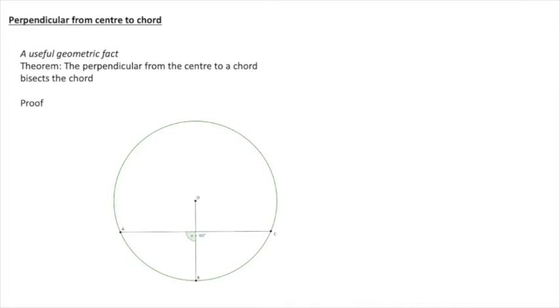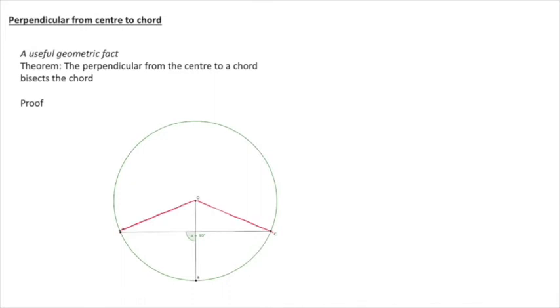So they both imply each other, and the proof of this, well, first of all we draw the diagram, and what we know is we have a chord which is AC, and we have a radius, the perpendicular from the centre, and that, as it says it's a perpendicular, that is perpendicular to the chord. What we don't know is whether it bisects it yet, because that's what we need to prove.